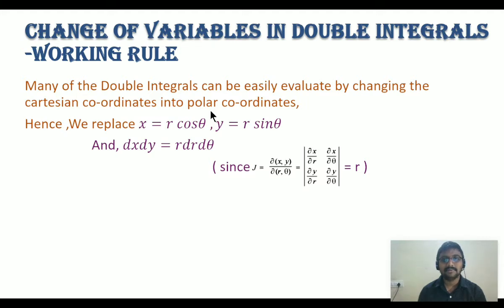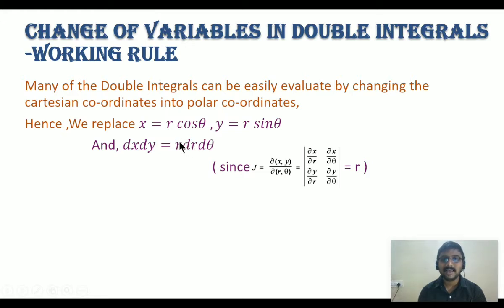Hence, we have to replace x = r cos θ, y = r sin θ, and dx dy will be r dr dθ. These two equations are known as transformation equations. To transform the Cartesian coordinates x, y into polar coordinates r, θ, we must replace x = r cos θ and y = r sin θ, and dx dy will be r dr dθ.